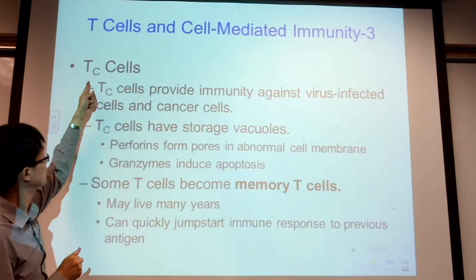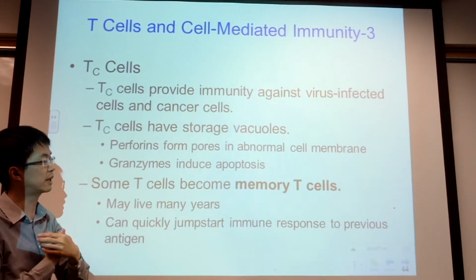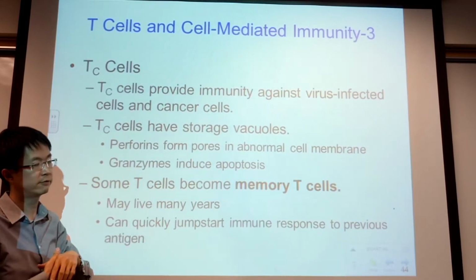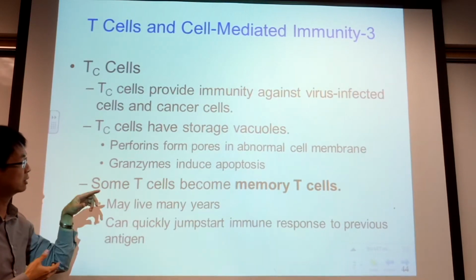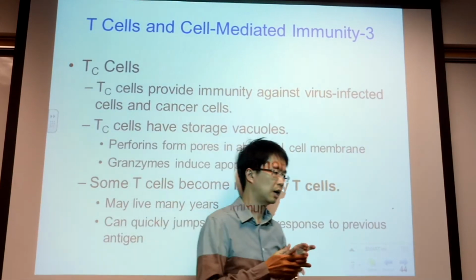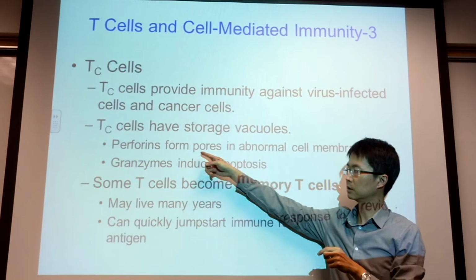So this cytotoxic T cell can kill cancer cell or virus-infected body cell. What they do is a two-step process. They will secrete perforin.